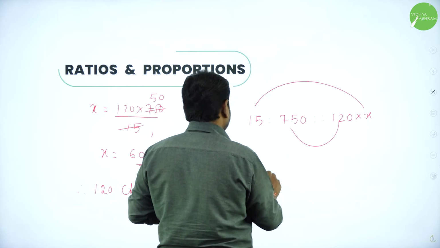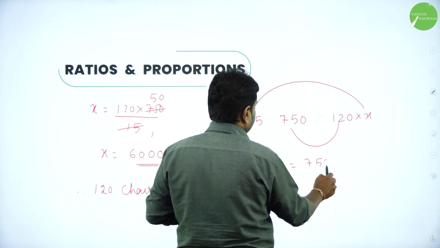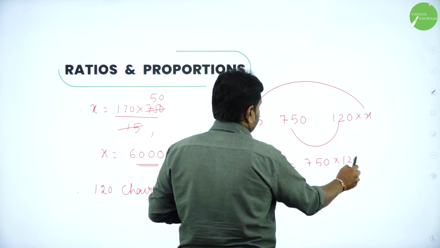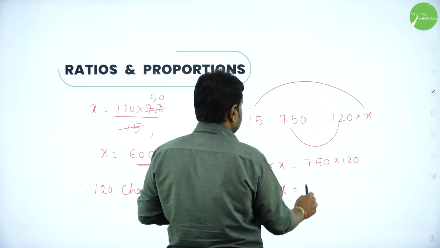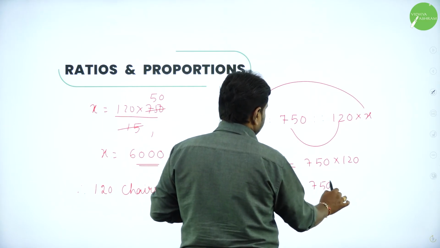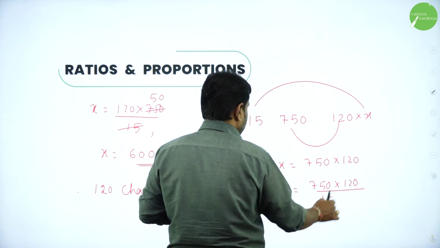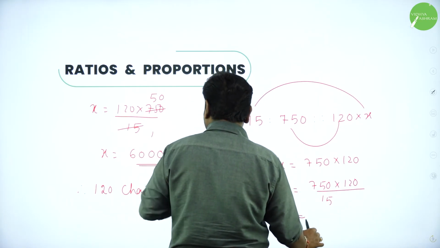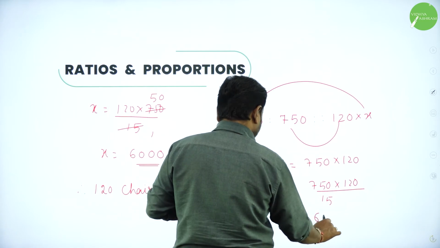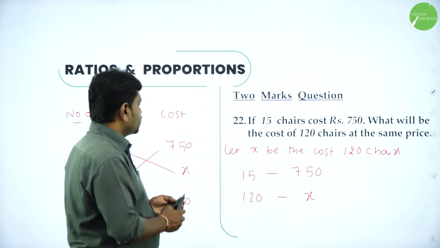So that is 15 into x is equal to 750 into 120. And now you need x, the cost of 120 chairs. So 750 into 120 divided by 15. You'll get the same thing, that is 6,000 rupees. So I wrote it in terms of proportion here. It's a direct proportion.